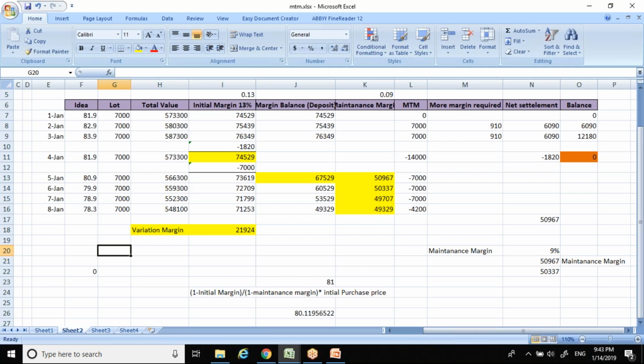So let's apply this formula to the example we did. We have 1 minus initial margin, that is around 13%, divided by 1 minus maintenance margin, that is around 0.9.